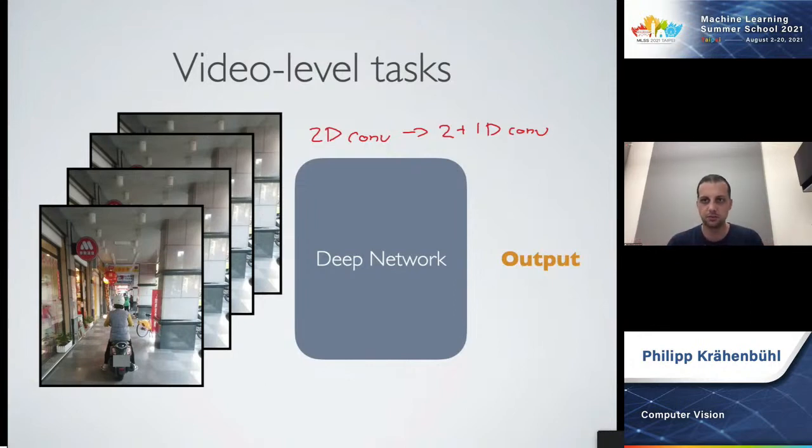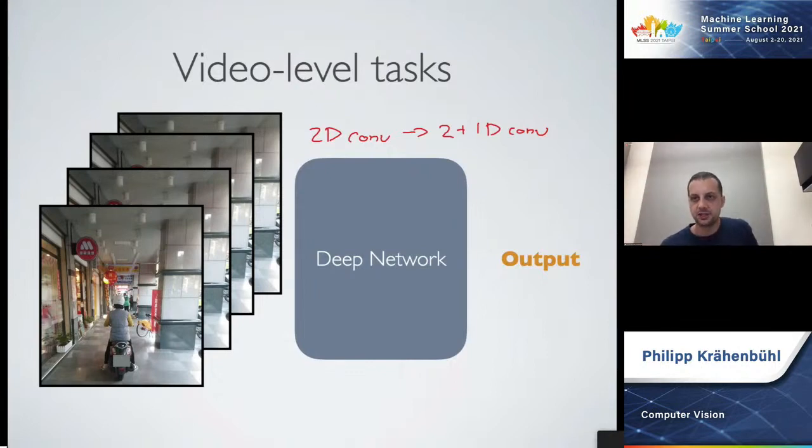If you use transformer-based architectures, the story is exactly the same. You essentially factorize the attention of the transformer into attention that goes along time and attention that stays within an image. And so that's how video level reasoning tasks are often tackled. You take an image network and you try to inflate it along the temporal dimension.